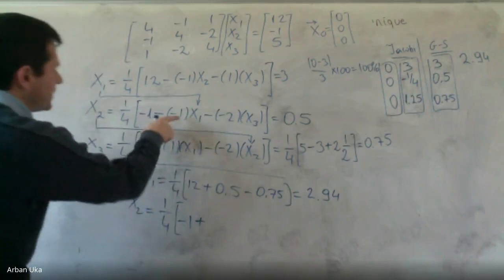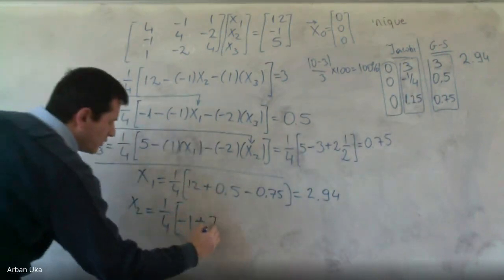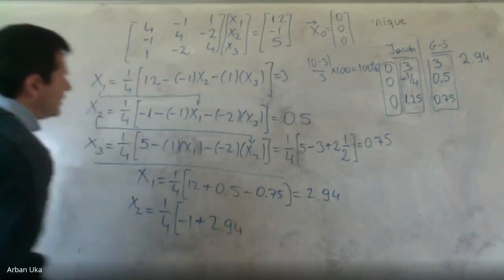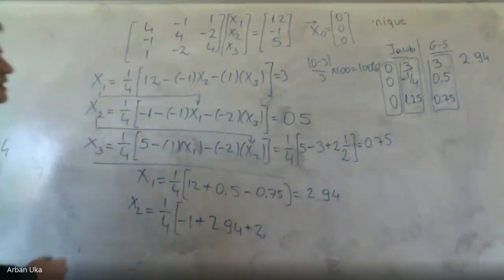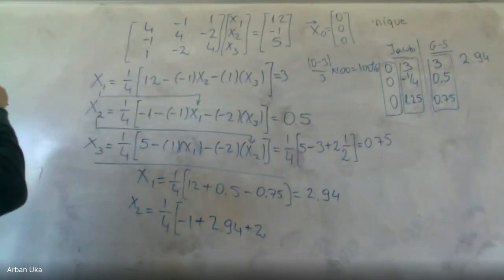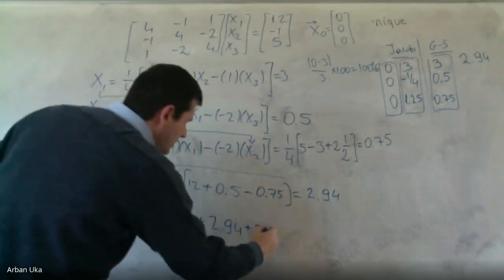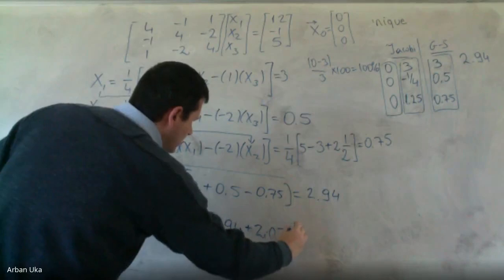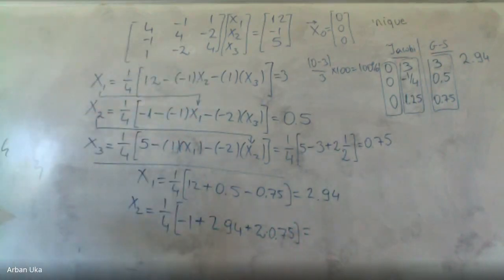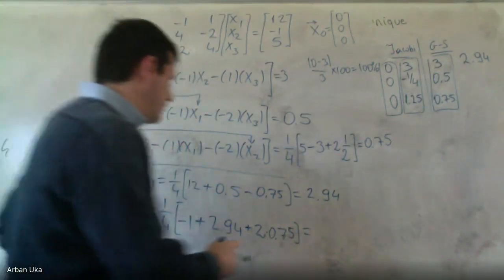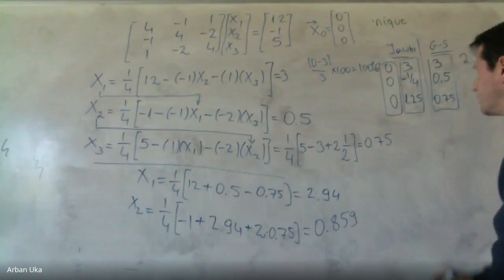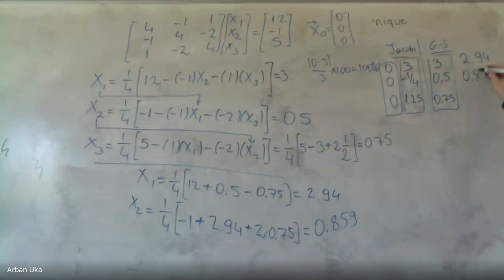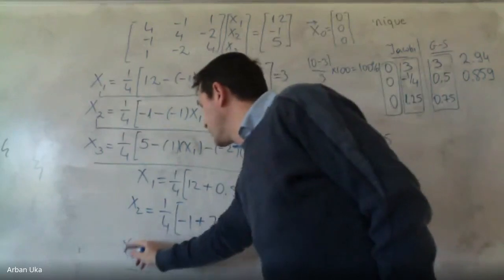Plus x1. x1 is 2.94, plus 2x3, plus 2. x3 is still 0.75, 2 times 0.75. And this whole thing is equal to 0.859. Okay, so we write this one, 0.859. That's good. And the x3 will follow the same way.